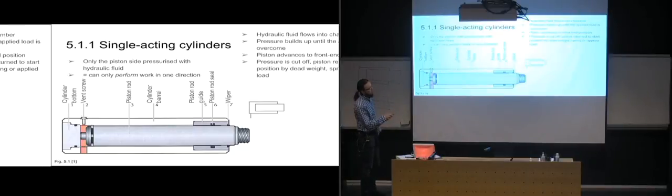It might also be spring-loaded, so that's more often the case in these ones, that you would actually have a spring in here. So you have a piston, you have a piston rod, and around the piston rod you have a metal spring that's going to push it back when you release your pressure.